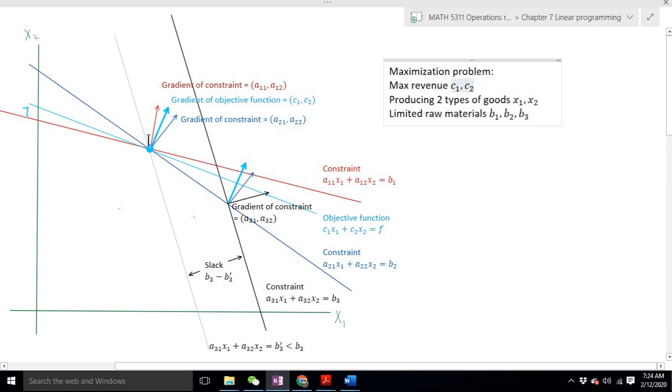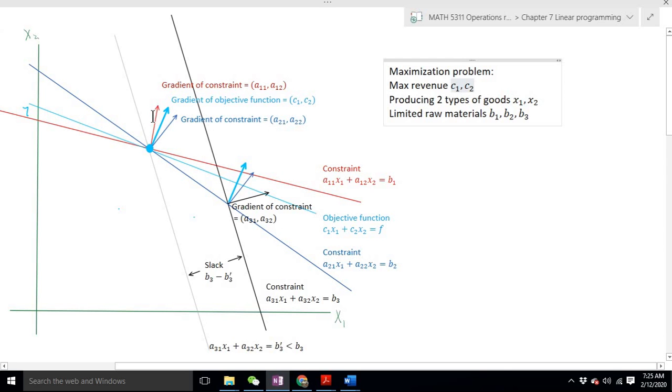Now notice something. In this case, the revenue perpendicular is bracketed by the other two. In this case, it's outside of the two perpendiculars. So this is kind of inside. It's within the positive span of these. It's actually called a cone.